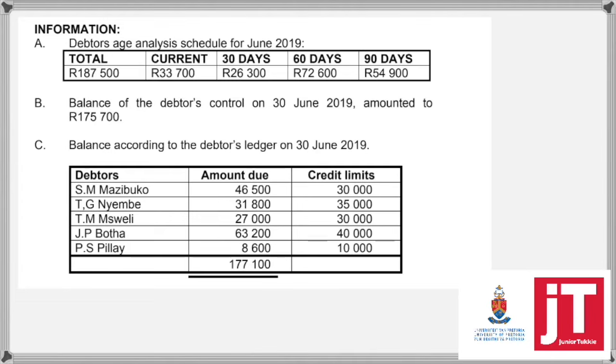If it's given to you on the answer booklet, it's fine. If it's not given to you, that is your step number 1. We don't use the credit limit. The credit limit is for later on when we need to analyze the age analysis and to see, do we actually have control over our debtors or not?